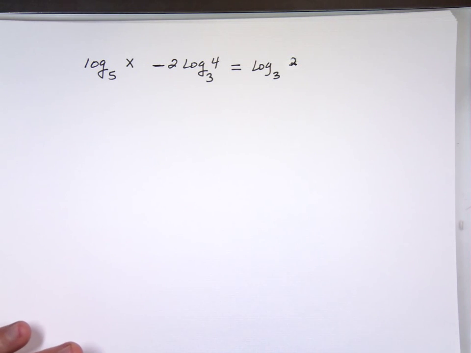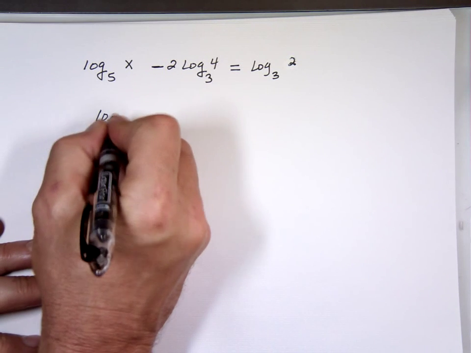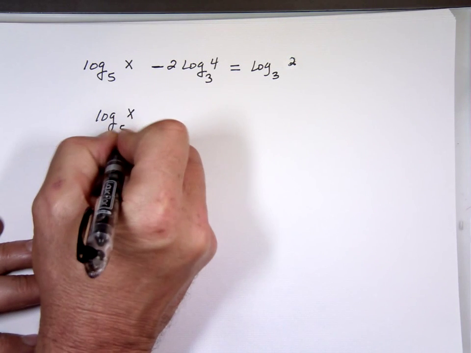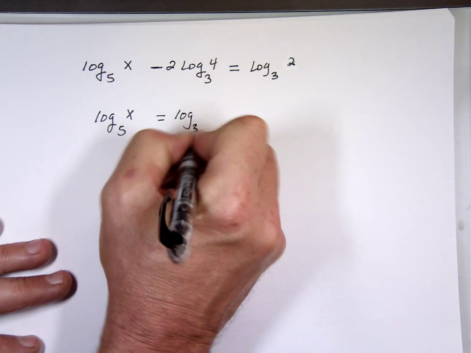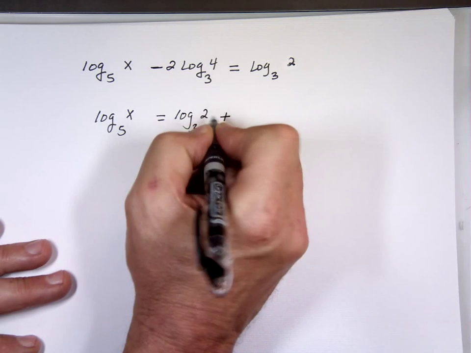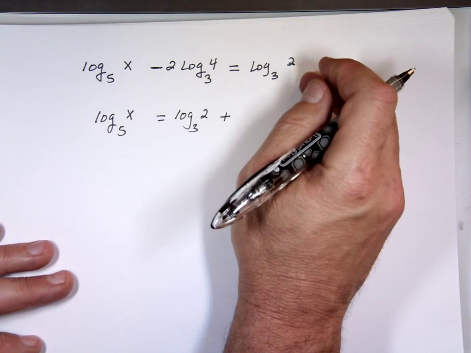So the first step in a case like this, you want to make sure log base 5 is on one side, log base 3 on the other side. This will be log base 3 of 2 plus, when I take this to the side, that becomes a plus, right? And I can rewrite that as what?